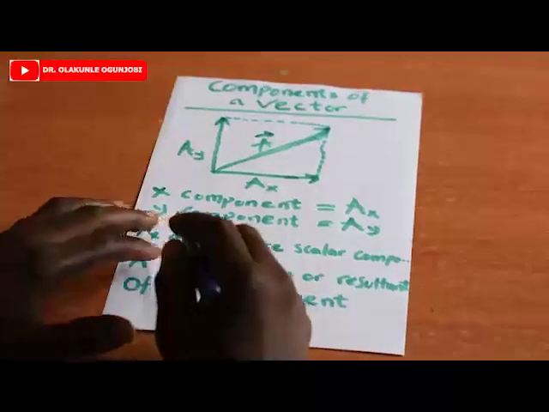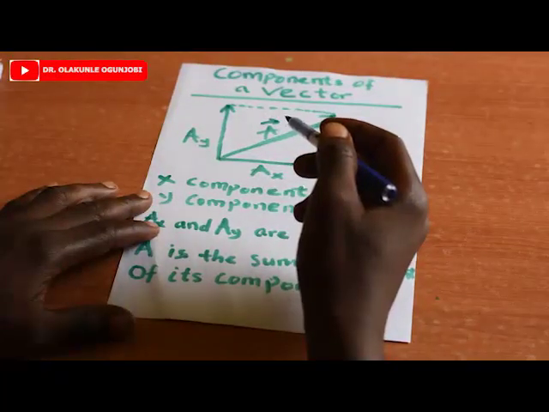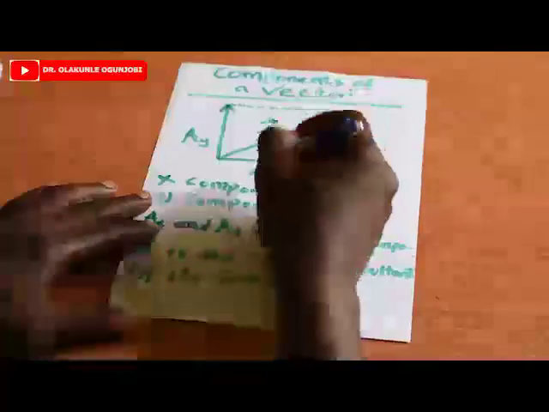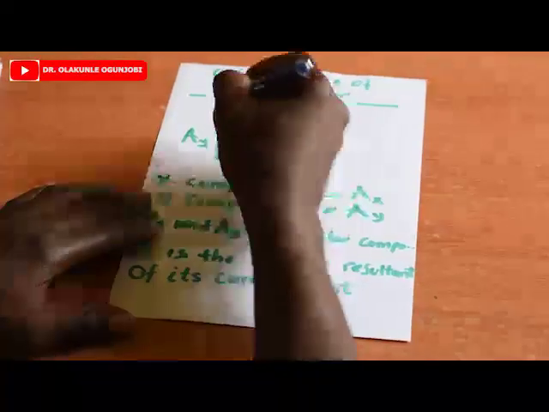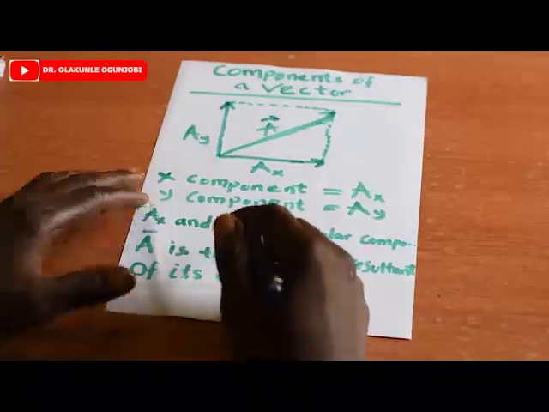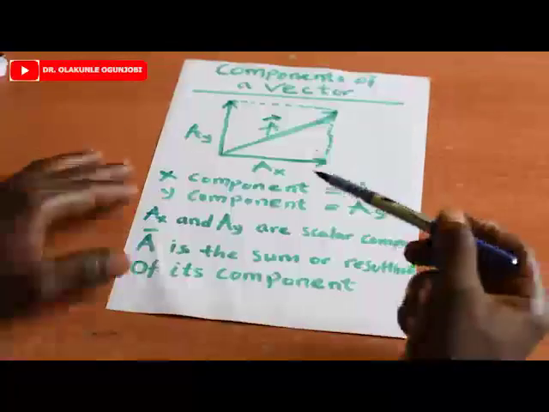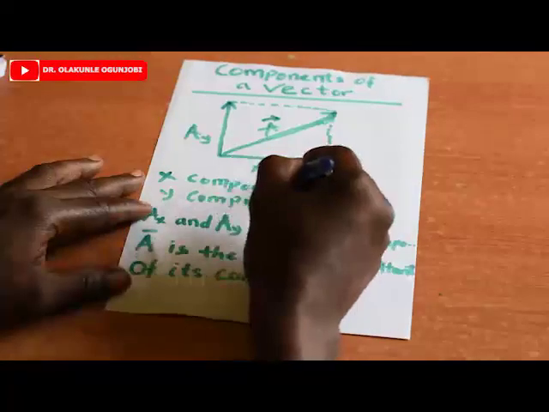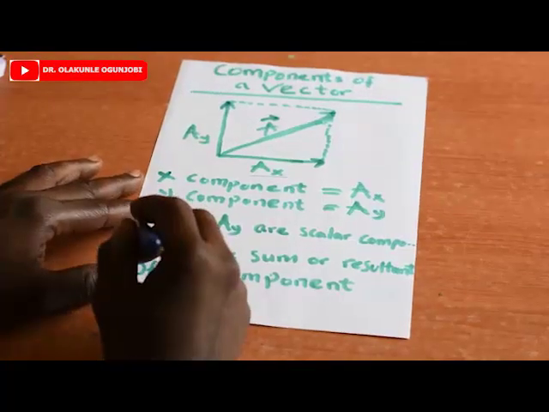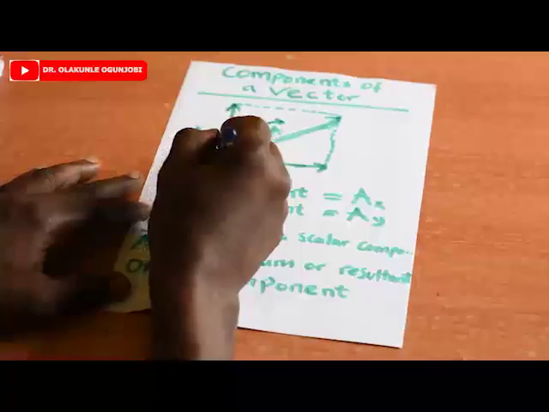The components of this vector are its projection along the x and y axis. The x component is denoted as ax, and the y component is denoted as ay.